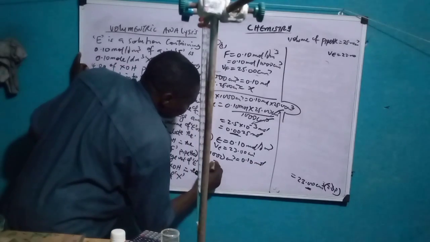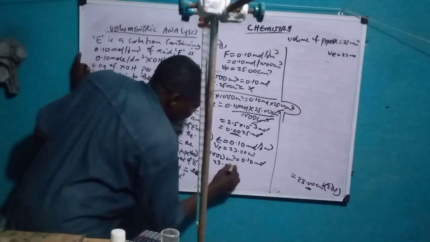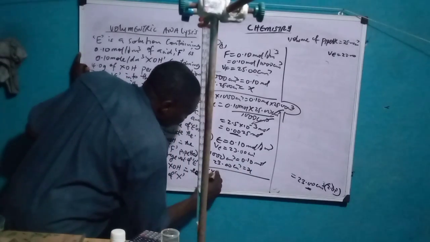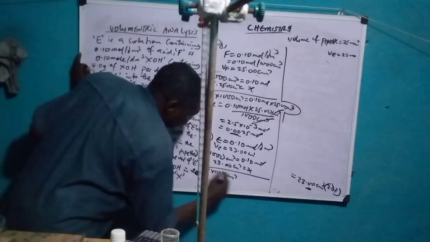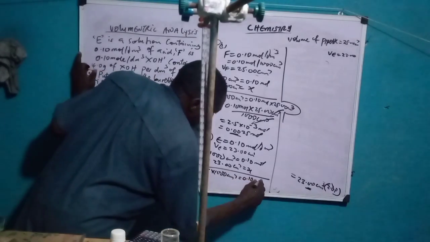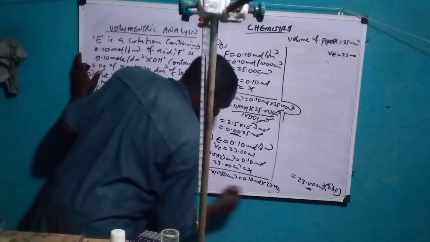Therefore, 23.00 cm3 equals X. Cross multiply. X times 1000 cm3 equals 0.10 mole times 23.00.